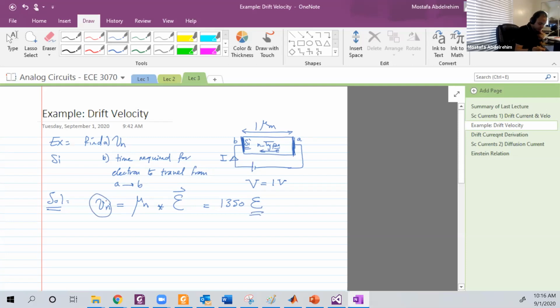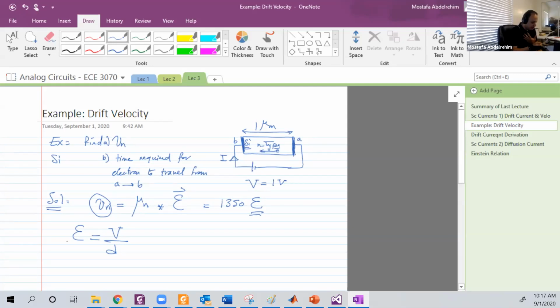Okay, but we know that epsilon, the electric field, is not always, but in most cases we can say is equal to the voltage divided by the distance. Sometimes the relation is not linear.